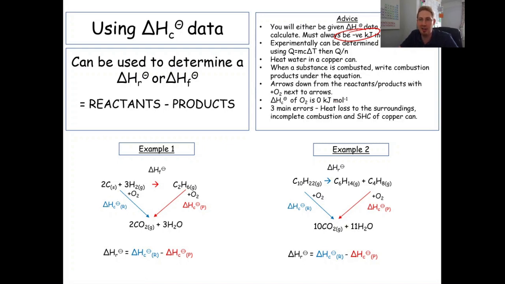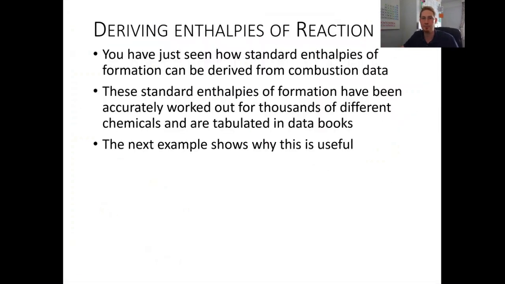We can determine it, and we'll look at this in a sec, using Q equals MC delta T. Arrows always go down. If you can remember, write O2 to show that you're using oxygen to burn this. Obviously, you cannot burn oxygen. The enthalpy of combustion of oxygen is 0 kilojoules per mole. And we'll look at those errors in a sec.